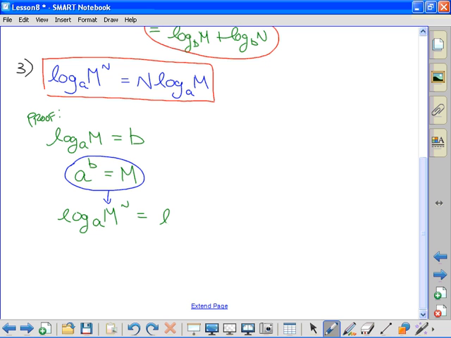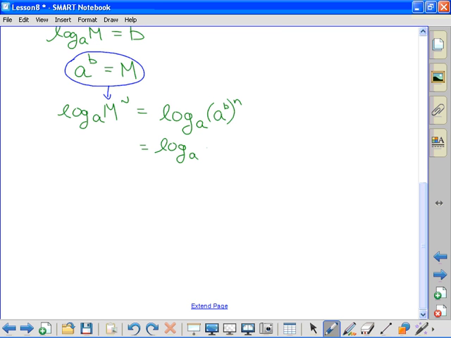So I end up with log base a, and instead of m, a to the exponent b, all to the exponent n. I'm going to use my exponent rules here. That's going to be a to the exponent b times n now.